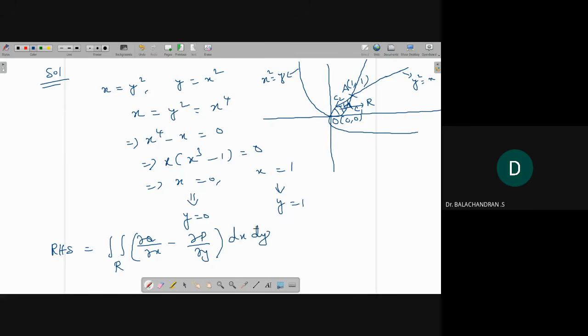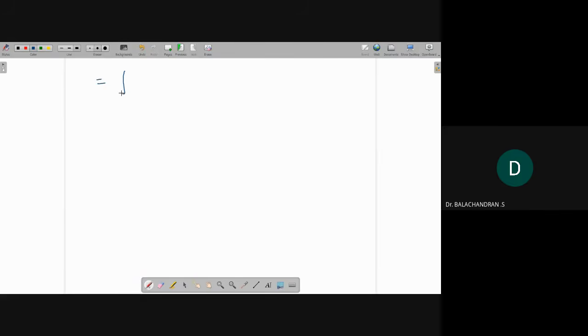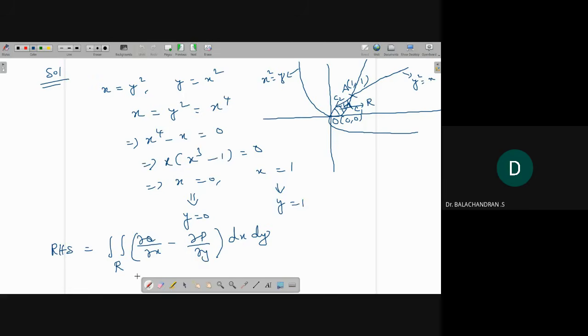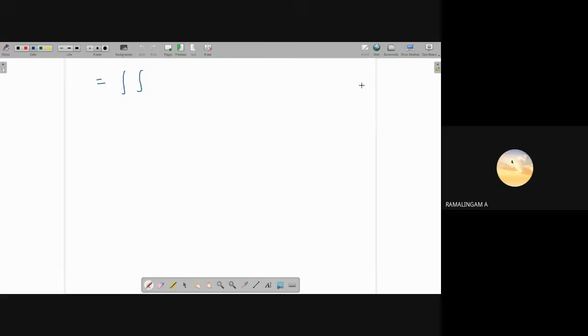Okay, so the double integral. Ramalingam, can you tell what is dou q by dou x? What is q? Q is 4y minus 6xy. P is 3x square minus 8y square.